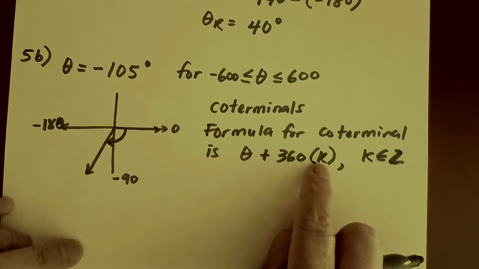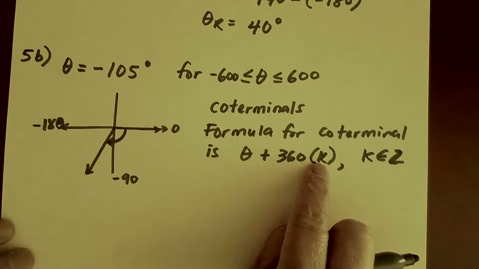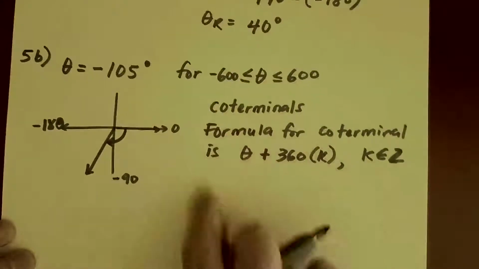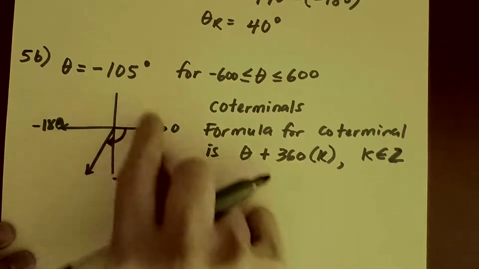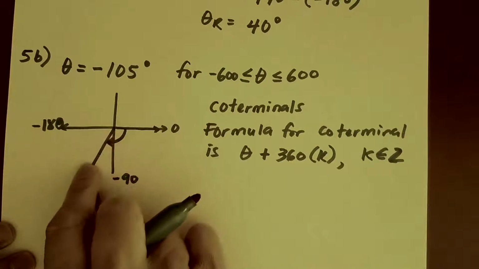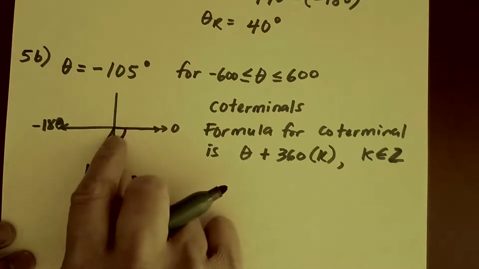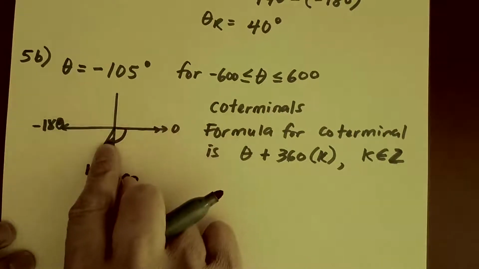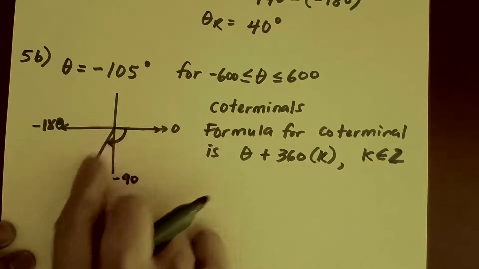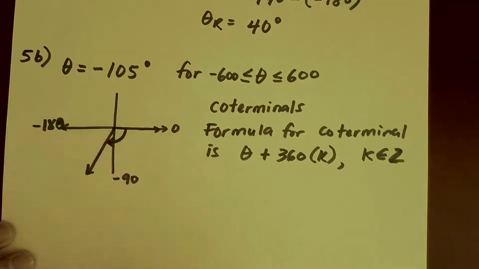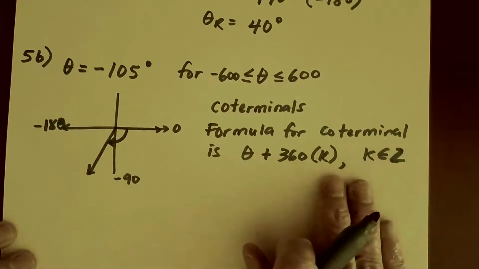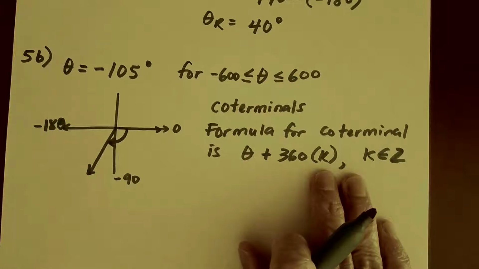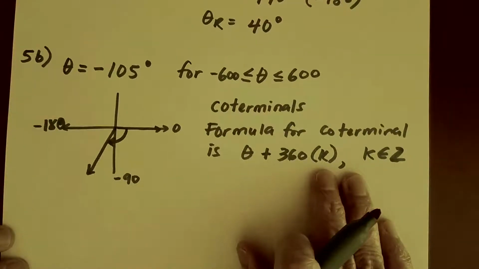If I put a k of 1 in here, I'm going to go around 1 revolution. If k is 2, I'm going to go around 2 revolutions. If I go around 1 full turn, I come back to this one. If I turn around 2 times, 360 times 2, I stop right here. So that's why it's k. It tells us how many revolutions, how many turns, I need to go around.